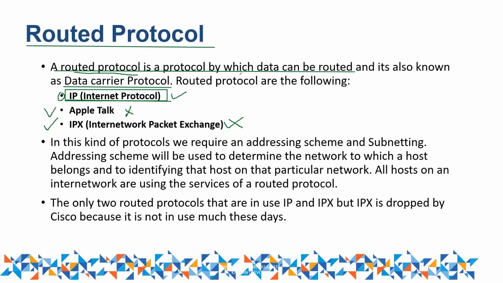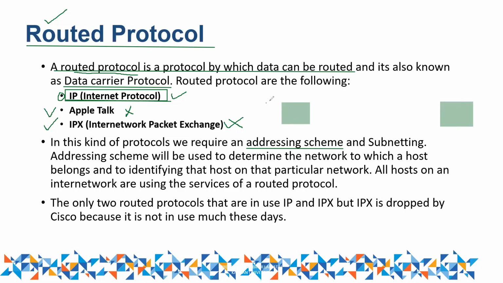Dear students, remember that in routed protocols, we must have an addressing scheme. Why is the addressing scheme required? Because the routed protocol is responsible for carrying data between two points.